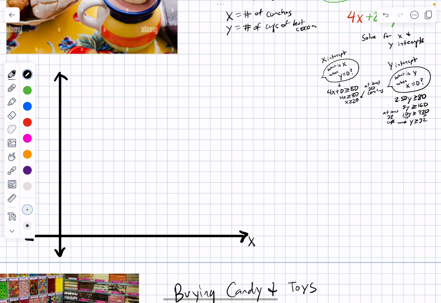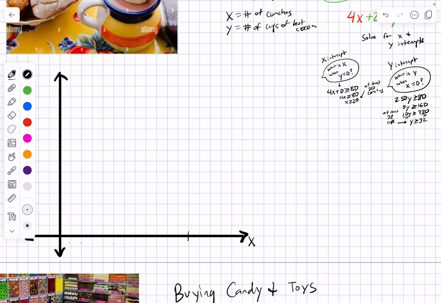Okay, so now we come over here and let's label this. I know my x-intercept is 20, so I would like 20 to be somewhere over here, not way at the beginning, not far at the end. So let's see. 2, 4, 6, 8, 10, 12, 14, 16, 18, 20.